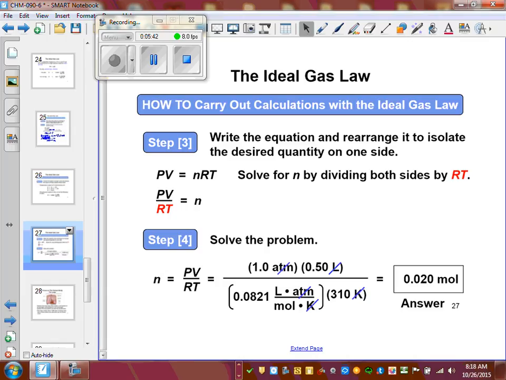What is 310? That was the temperature in Kelvin. It gave us 37, and we had to change it to Kelvin. The important thing to remember is you always have to have the proper units.